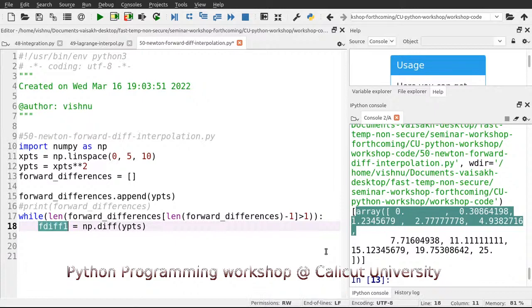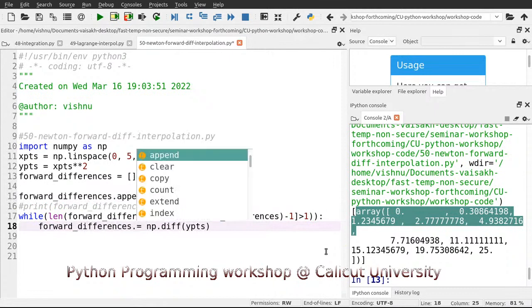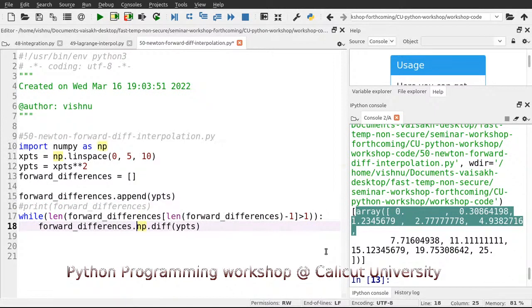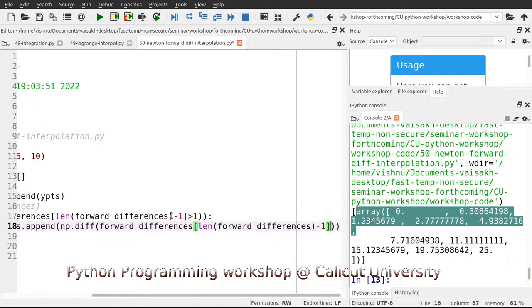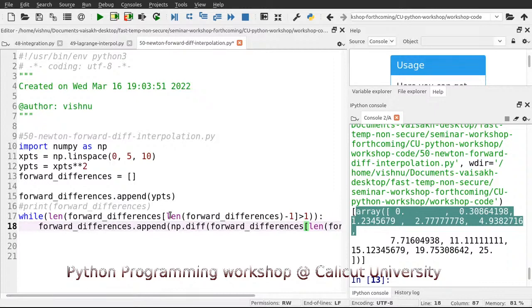Take the last one. And which is the last one? This is the last one. I think one bracket is not appearing properly here. Square bracket length is matching. Okay, it should be here.